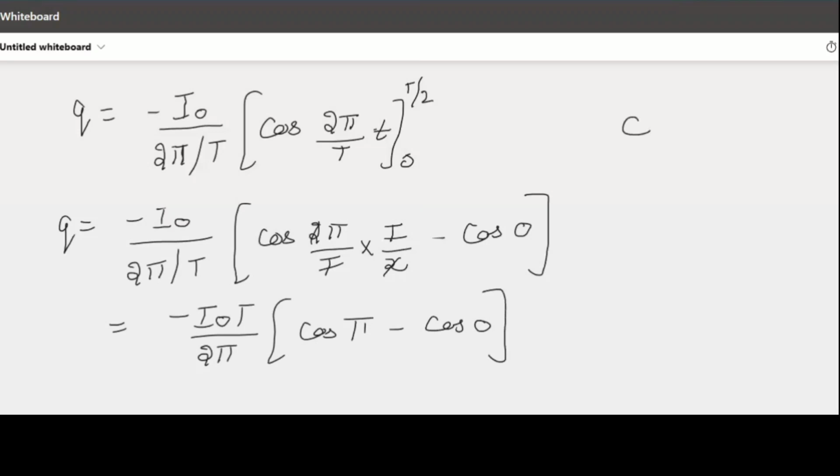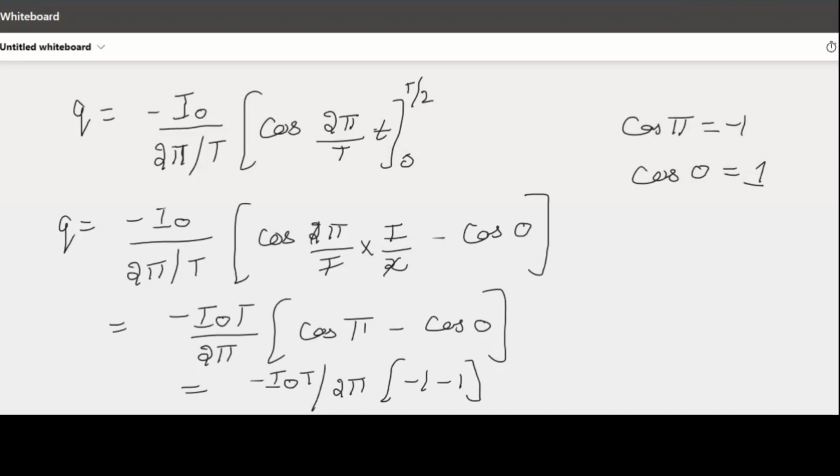We know that cos pi is equal to minus 1 and cos 0 is equal to 1. So we have the expression minus of I naught T divided by 2 pi in the bracket minus 1 minus 1.